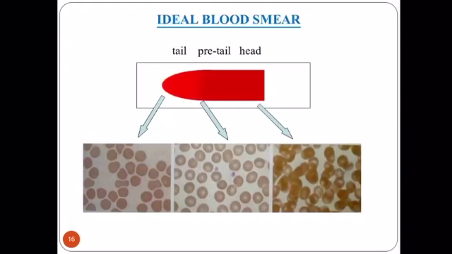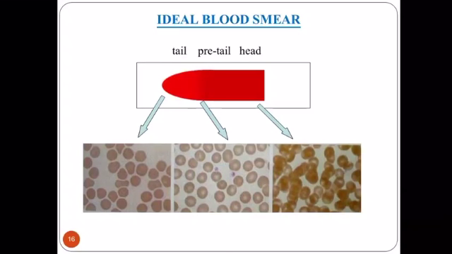This is a smear having a head, petal area and tail area. In the head there is overlapping of the RBCs, so we cannot count the cells in the head. In the tail area there is shrinkage and separation of the RBCs, and we cannot get an even distribution of the cells in the tail area, which is also not suitable for the differential count.